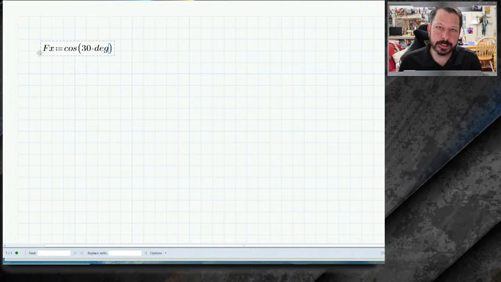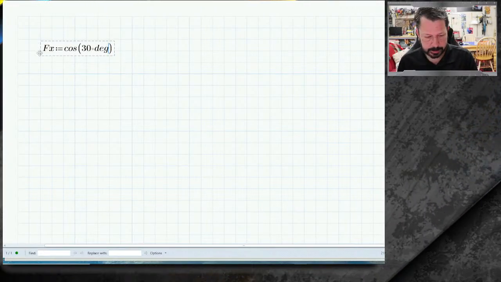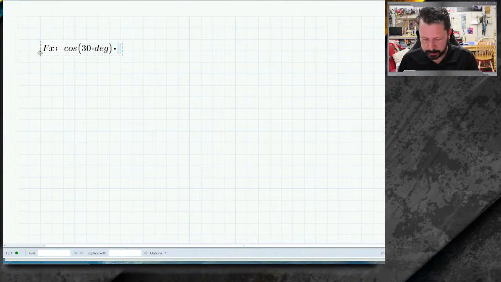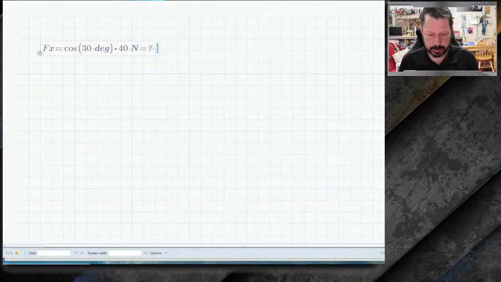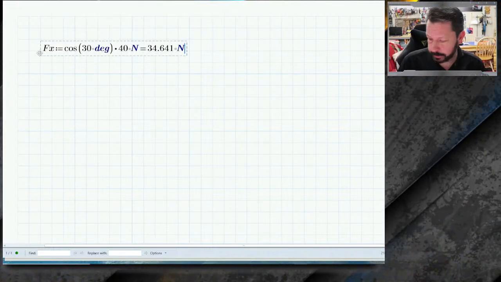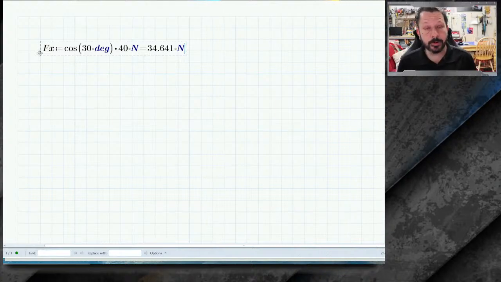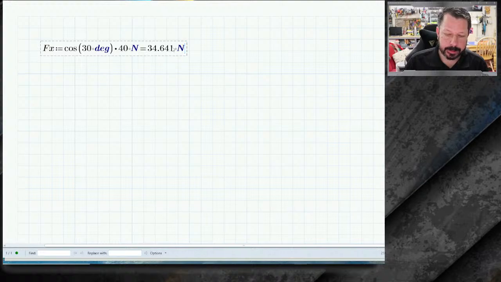If I don't put the degrees in MathCAD, it's going to think I'm talking about radians, so I'm writing 30 degrees. Cosine of 30 degrees times 40 newtons. And that equals 34.641 newtons.